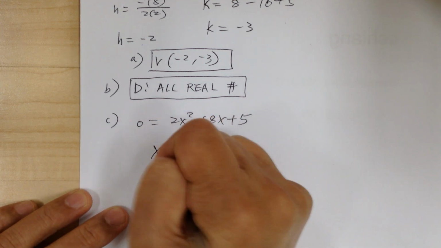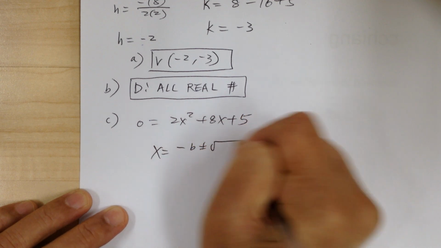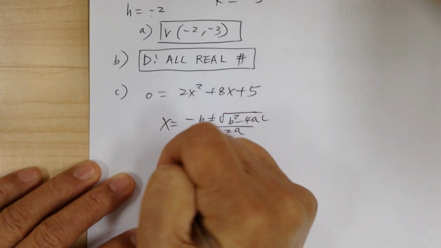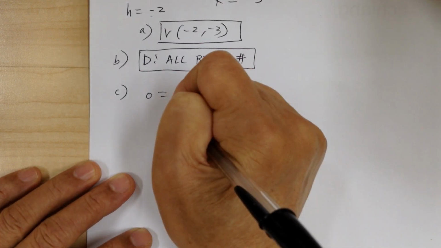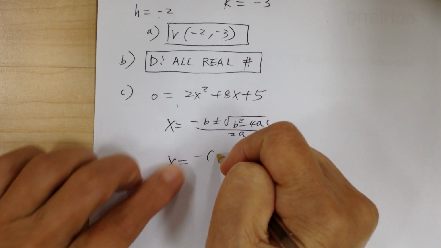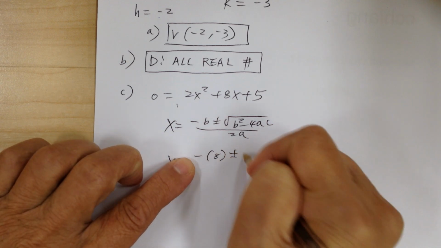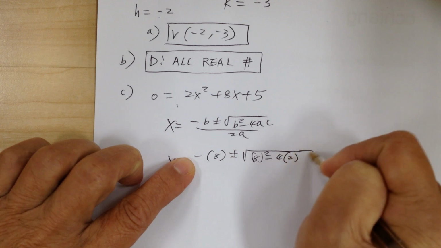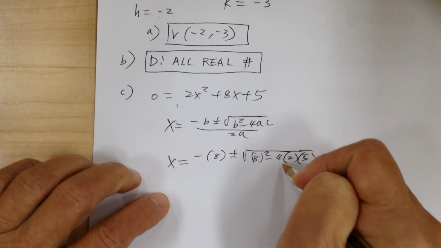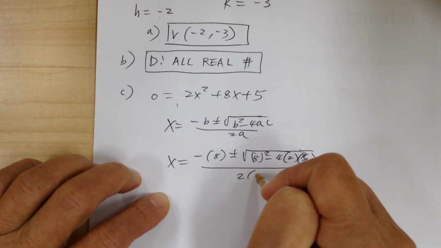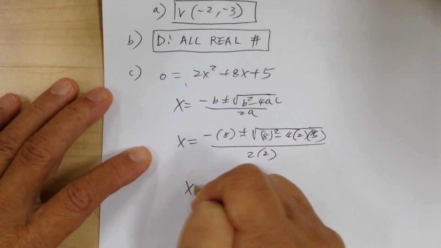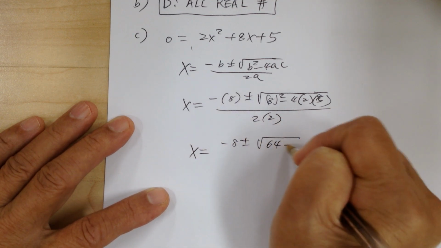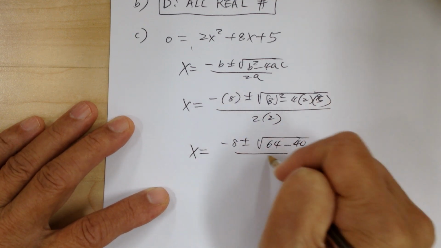So x equals negative b plus or minus the square root of b squared minus 4ac, over 2a. So x will equal negative 8 plus or minus the square root of 8 squared minus 4ac over 2a. So x will equal negative 8 plus or minus the square root of 64 minus 40, over 4.